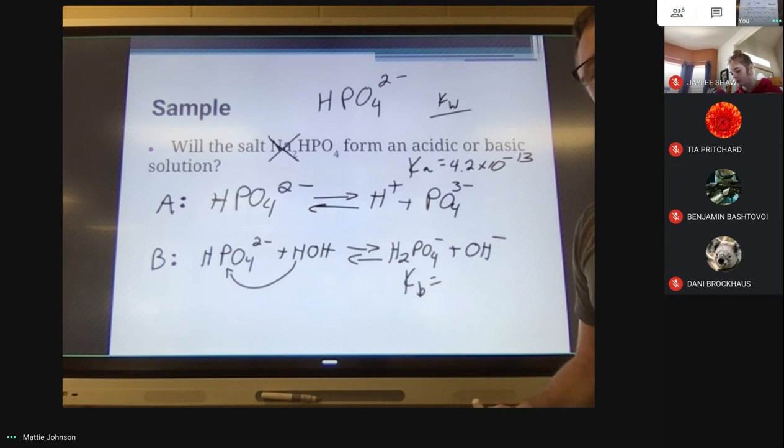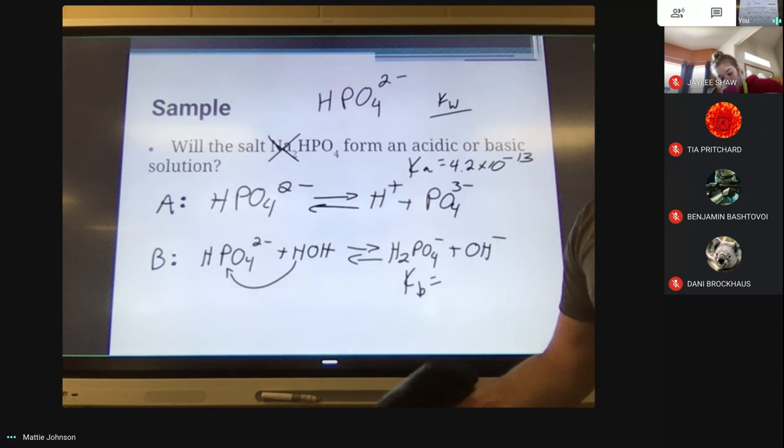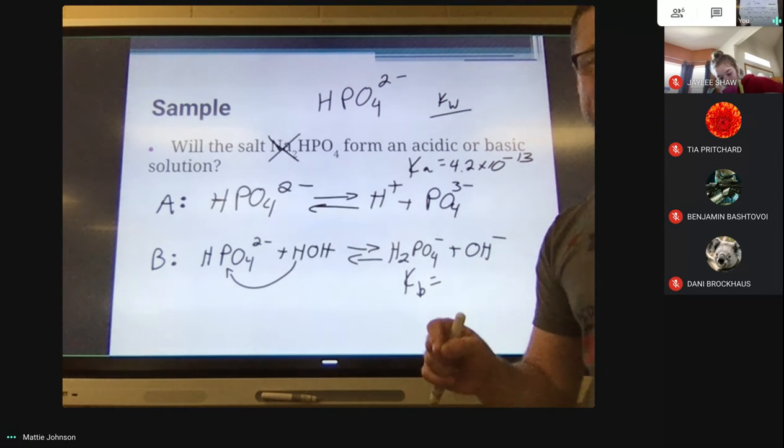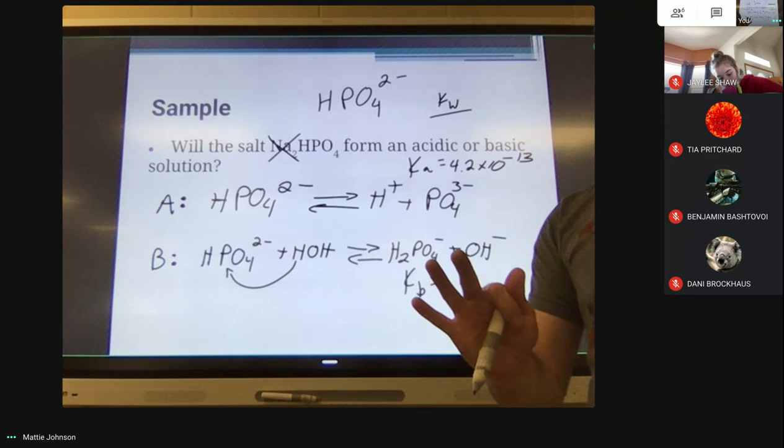The question is, do we divide Kw by Ka1, Ka2, or Ka3? Right? So here's the easiest way to do that. A lot of people pick the wrong Ka. They pick Ka3.